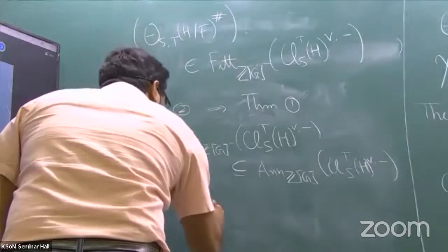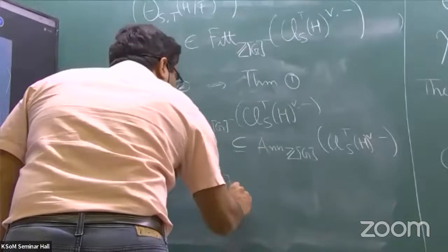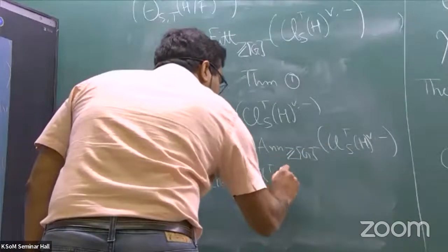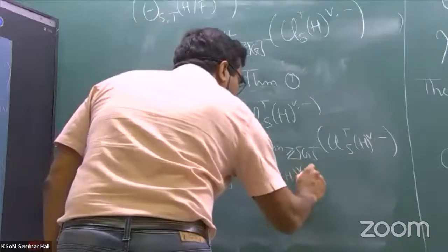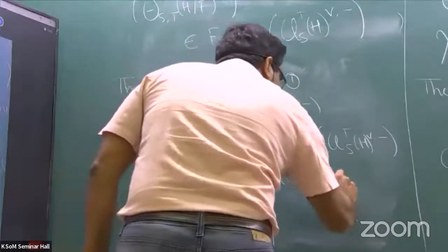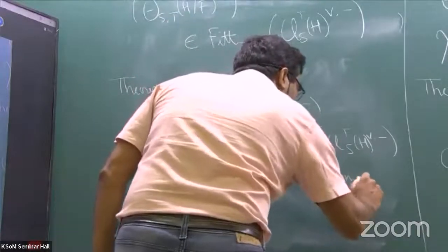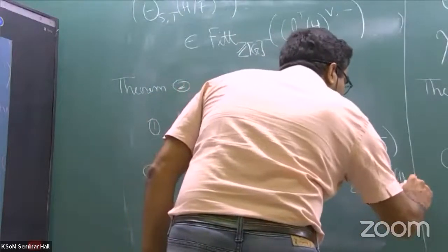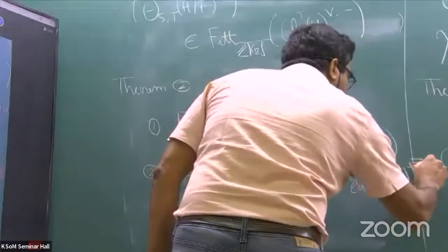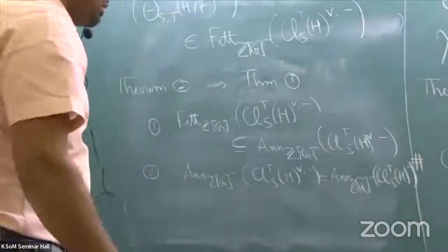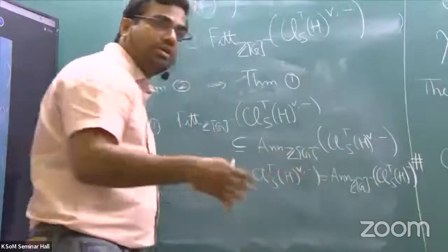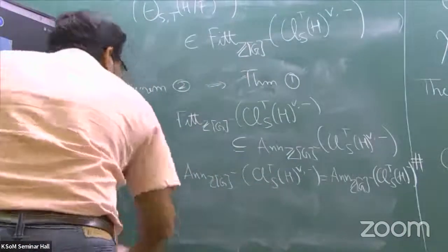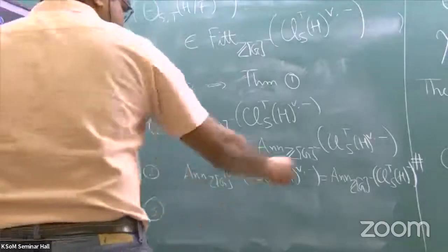So for a finite module, maybe I'll put minuses here, the annihilator of the check is equal to the annihilator ideal of the class group, but with a hash applied. So you just change the ideal by applying hash to it. So it's kind of easy to show as well. All these are very easy things.